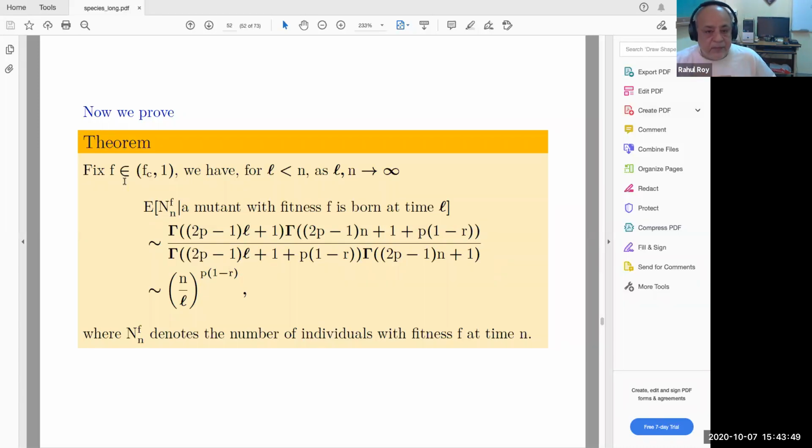So we fix an F in (Fc, 1) and L less than n, with L and n going to infinity. So we want to count the population size at time n at fitness F, where at fitness F, the first individual arrived at time L. And that, I told you, is like this behavior, n over L to the power (1 minus r).